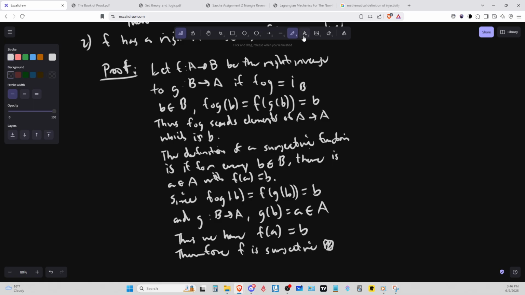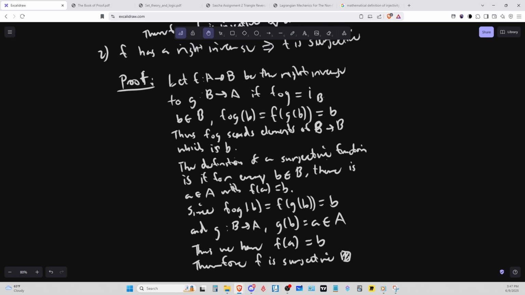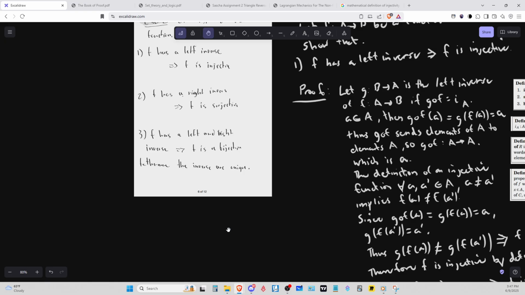Oh wait, we have to rewrite this. It's supposed to be B to B. Lucky I caught that. By definition, and so on. That feels about right. Hopefully that is the way the proof can be written.